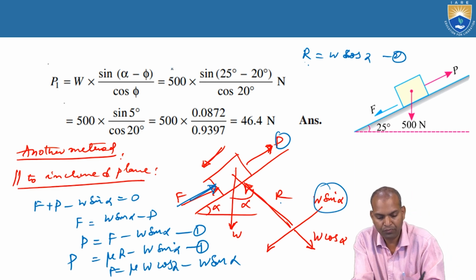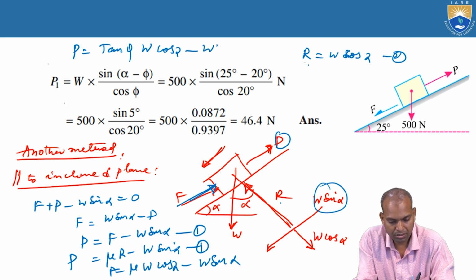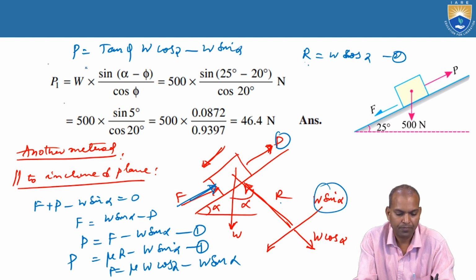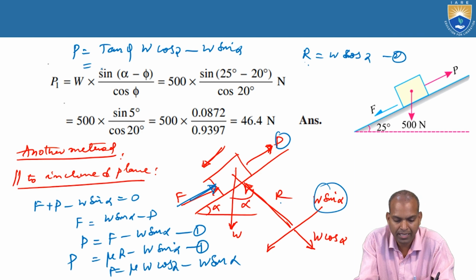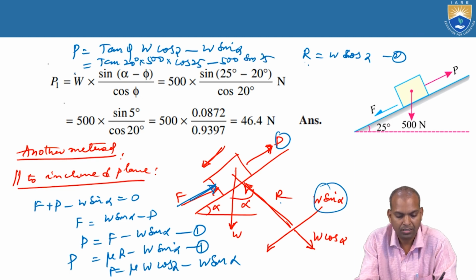Now P equal to tan phi times W cos alpha minus W sin alpha. Phi is 20 degrees, so tan 20 degrees. W is 500, cos alpha is cos 25 degrees, minus 500 sin 25 degrees. You will get the same answer, P minimum.